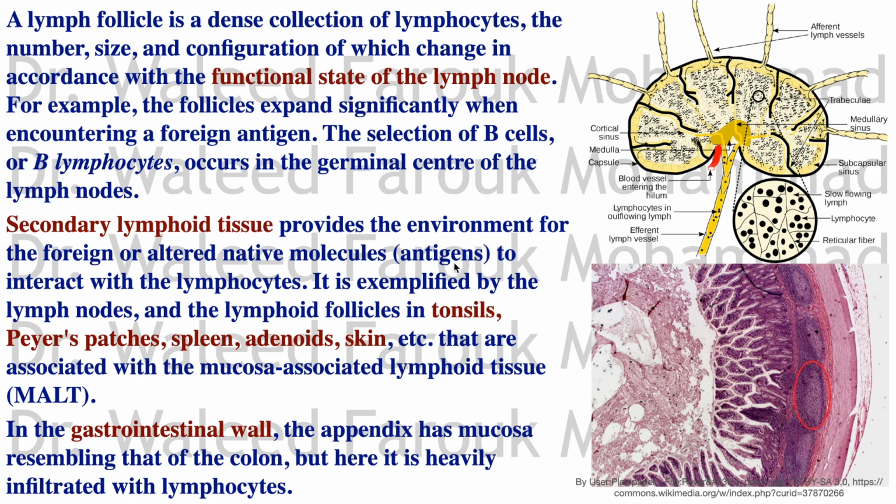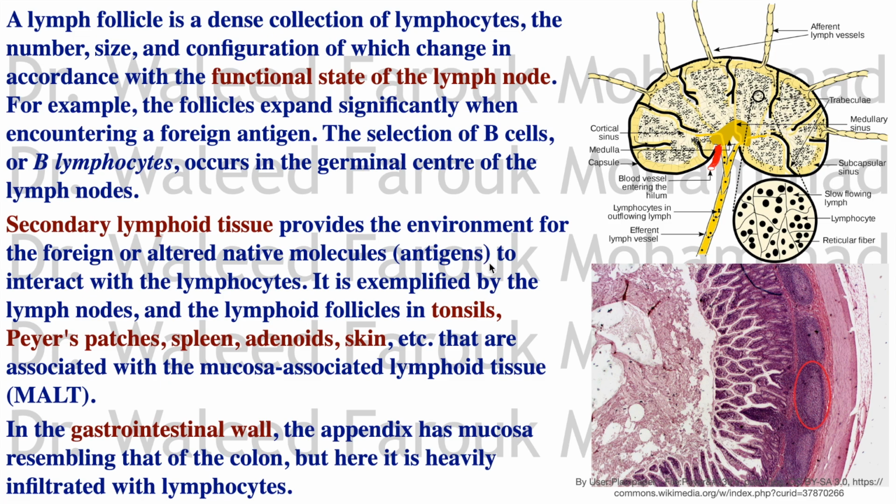The lymphocytes in the lymph node are arranged in follicles. The lymph node changes its number and size according to the functional state of the lymph node.